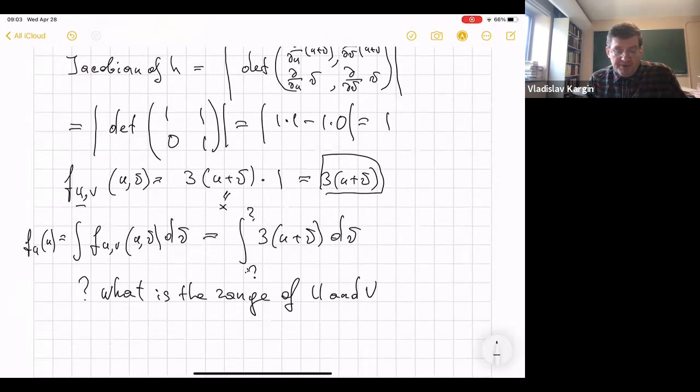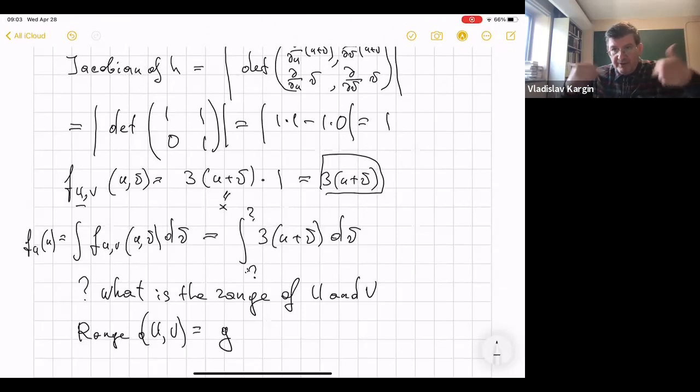In principle, the answer is easy. The range of u and v is just equal to this transformation g applied to the range of x and y.